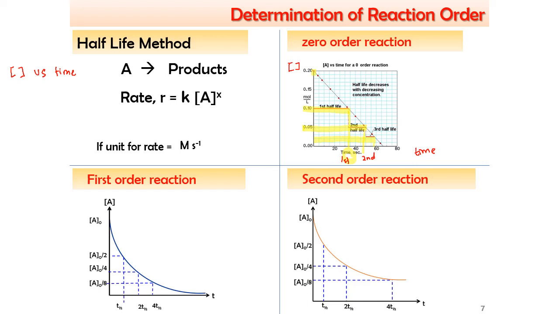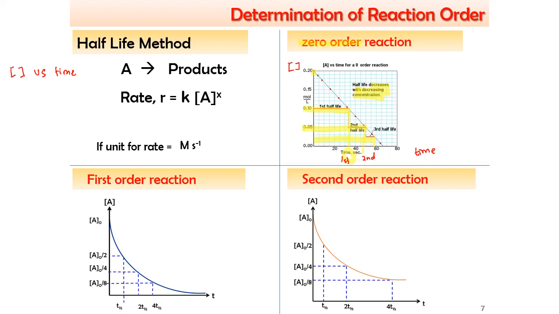So if you can see the pattern or the trend of the half-life, it will decrease with decreasing concentration. So you can deduce from the trend, or the value of the half-life, that it is zero order.